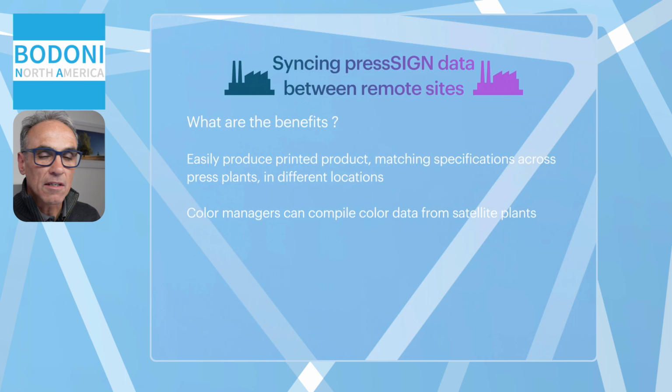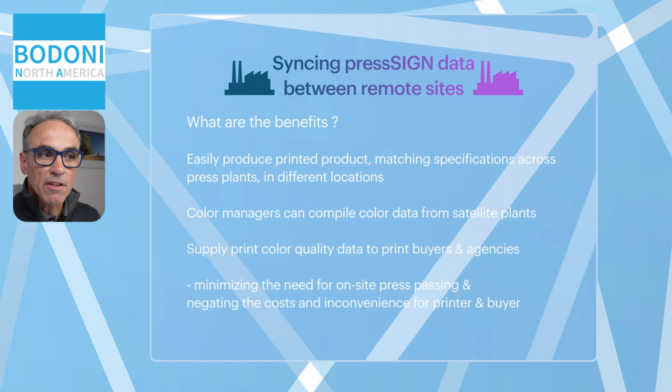One of the benefits is that color managers, if you have a color manager, maybe a print production manager on a site, or a color site person who is involved in getting everything correct on the color side of things across a print group, then you can compile that data across the group and satellite plants.